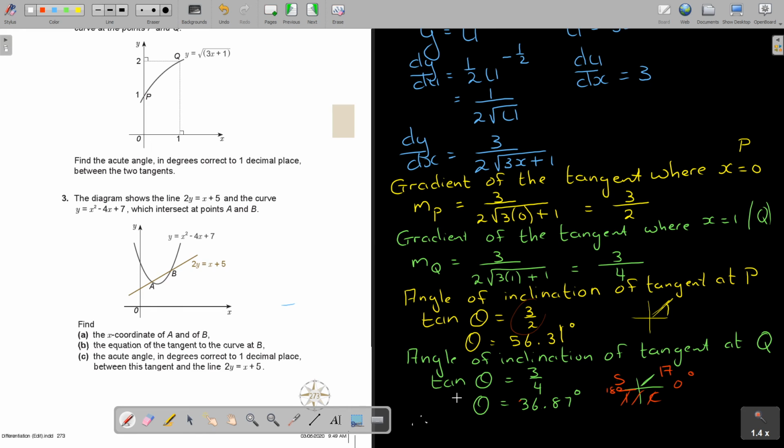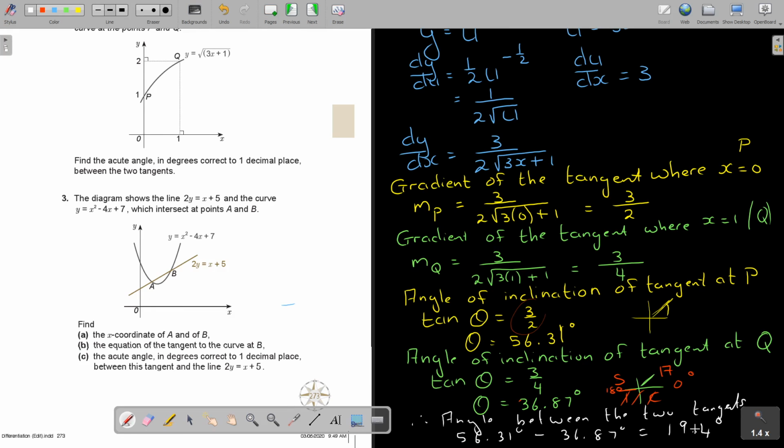So I'm coming to the finals. Therefore, the angle between the two tangents will be this: 56.31 minus 36.87, and that will give me an answer of 19.4 degrees.